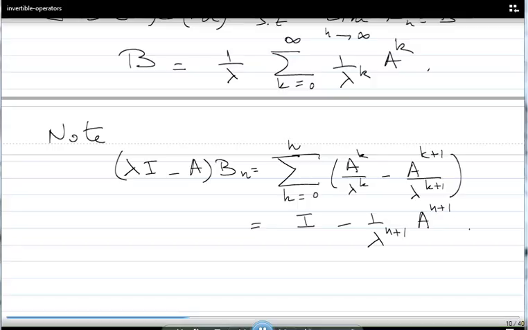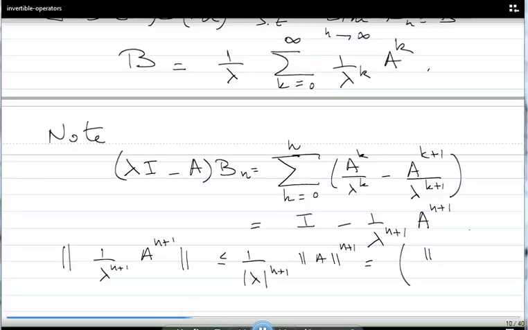So it's clear that the norm of 1 over lambda to the power n plus 1, a to the power n plus 1 is less or equal than 1 over absolute value of lambda to the power n plus 1 times norm of a to the power n plus 1, or norm of a over lambda to the power n plus 1.